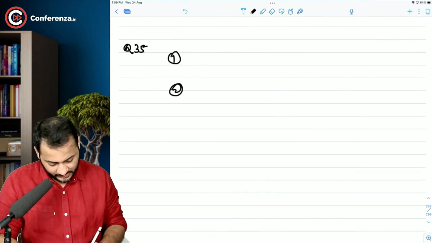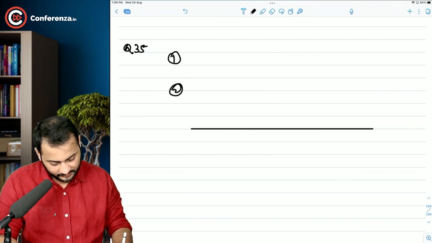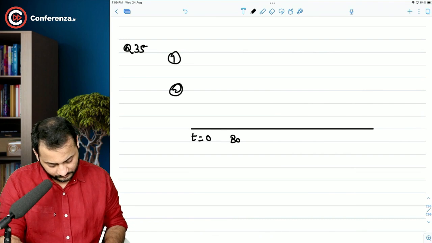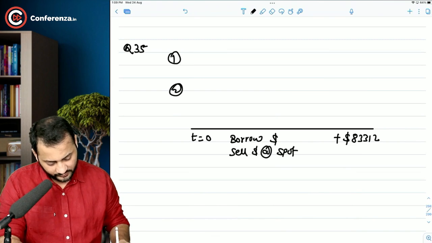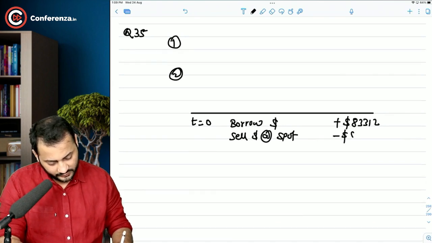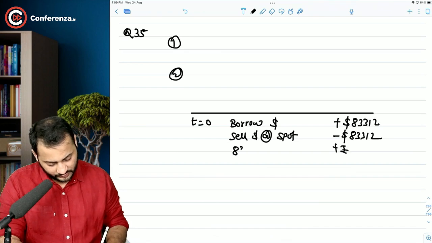First part, second part, and I'm directly starting the arbitrage transaction at time t0. Borrow dollars, so we will receive $83,312. Sell dollar at spot. After borrowing, we will convert that, so we will give 83,312 and we will receive rupees.